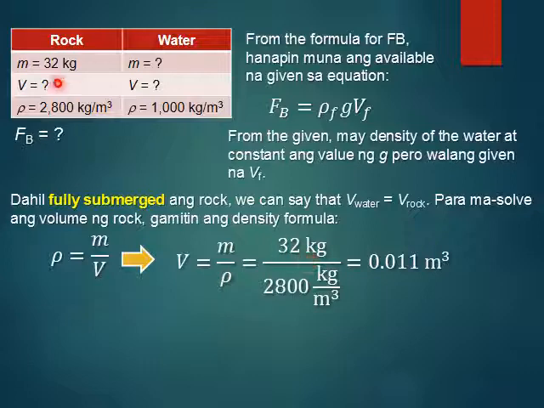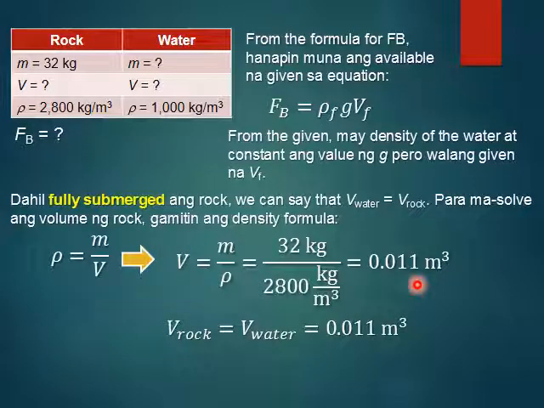So, if we will substitute the values for the rock, kasi sinusolve muna natin yung volume ng rock, that's 32 kilograms divided by 2,800 kilograms per cubic meter. So, therefore, the value of the volume of the rock is 0.011 cubic meter. Pero, dahil sabi nga natin, fully submerged ang rock, ibig sabihin, same lang to ng volume ng displaced water, which is also equal to 0.011 cubic meters.